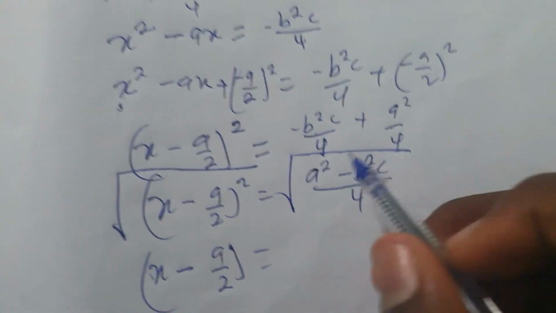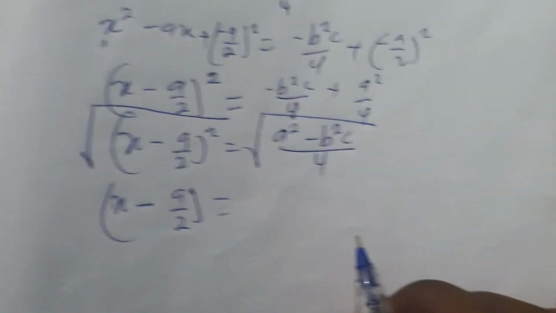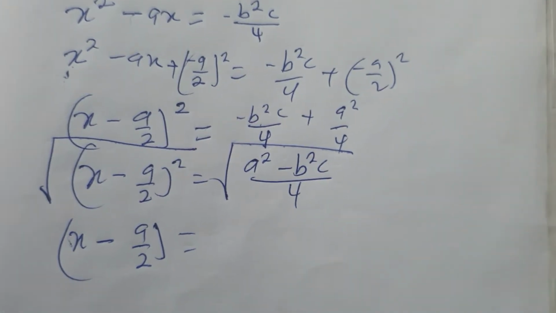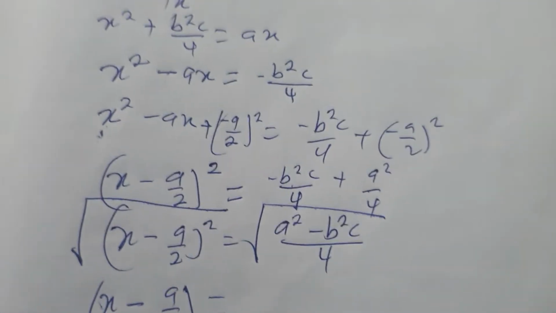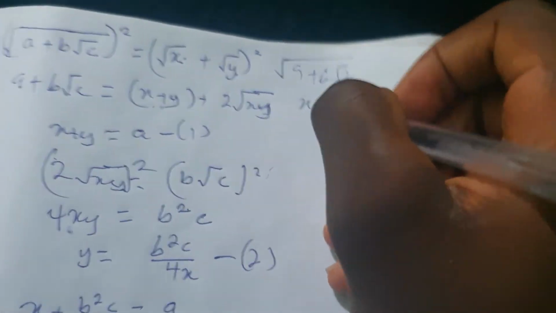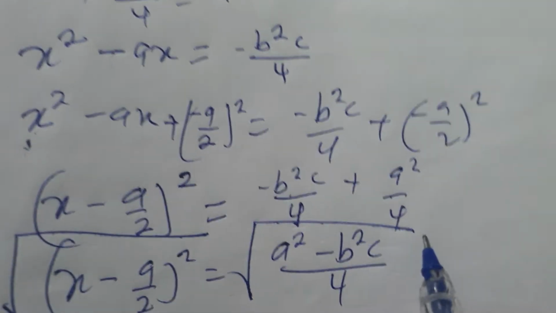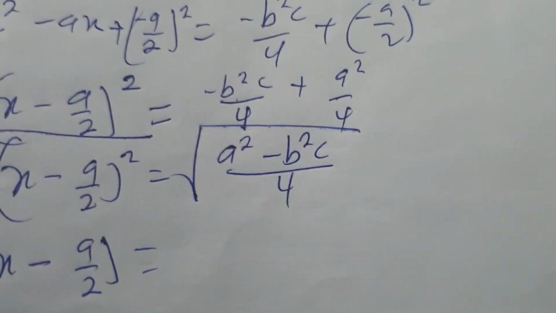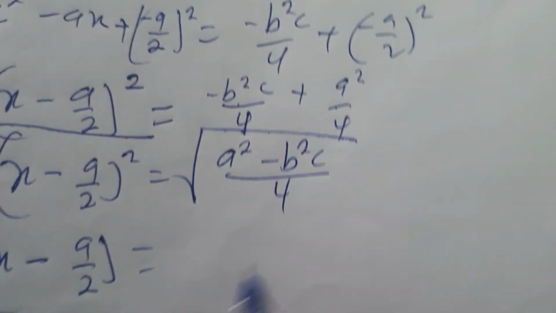Now the square root always gives us plus or minus, but as I said in my previous video, x should always be greater than y. If you go with the plus or minus, we will still get the same thing back, because of that condition that this should be greater than this. We only pick the positive root. Positive roots are greater than negative roots, so we don't have to bring the plus or minus.